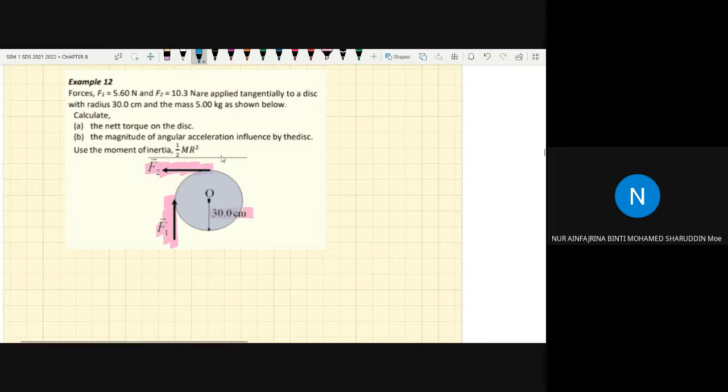This O is the rotational axis, and the mass is 5 kg, as shown below. So the mass of this is 5 kg.